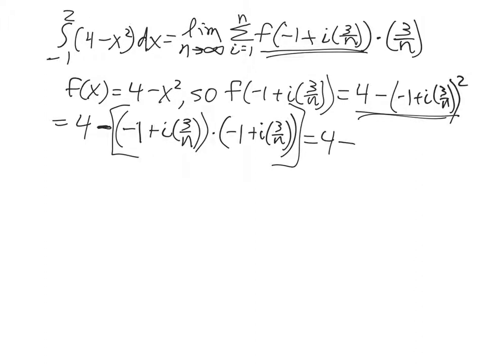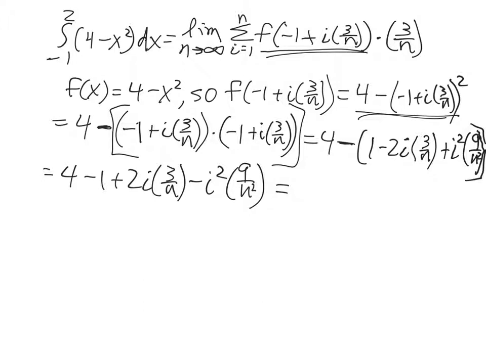So FOIL, make sure you watch your signs. And we get this expression, then multiplying the negative through. Our function value then would be 3 plus, well, let's go ahead and make this i times 6 over n minus i squared times 9 over n squared.